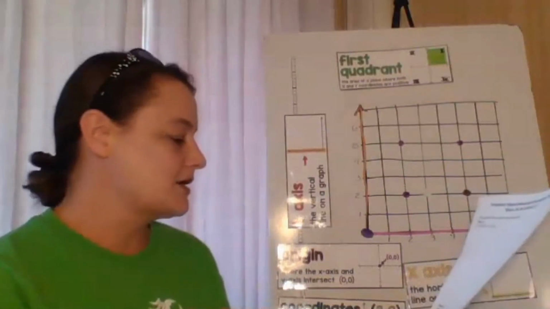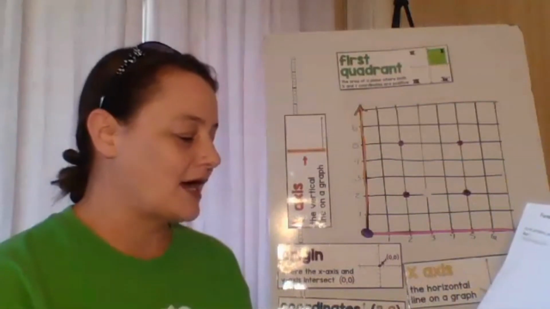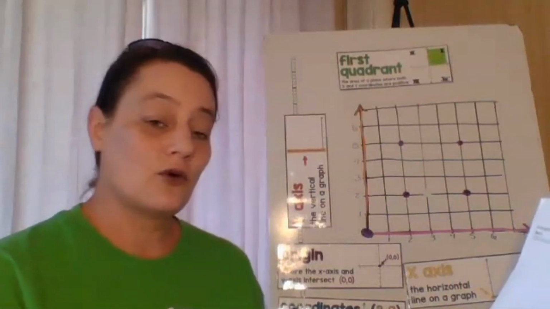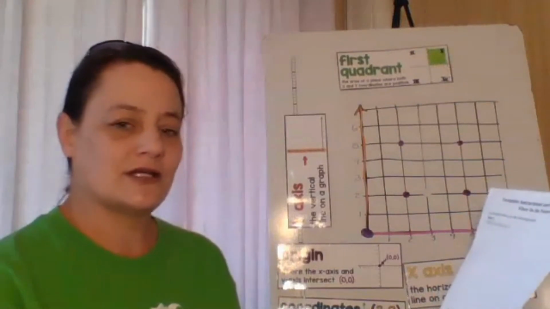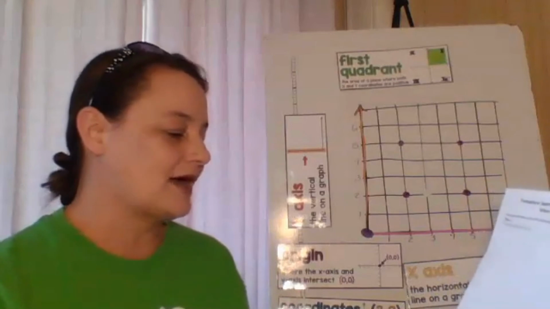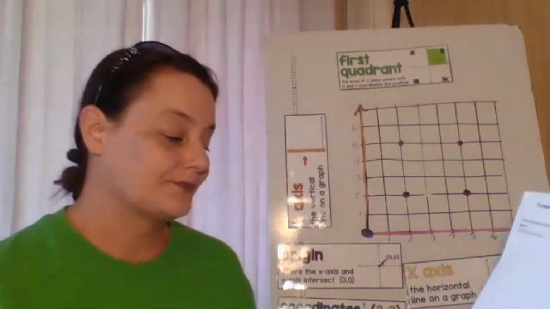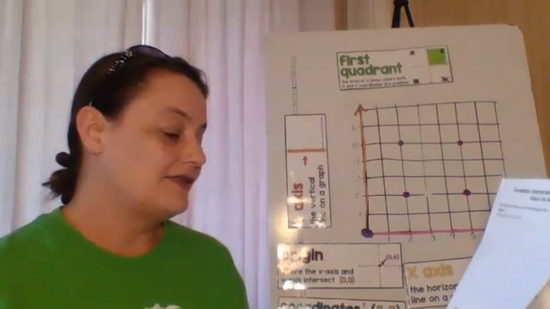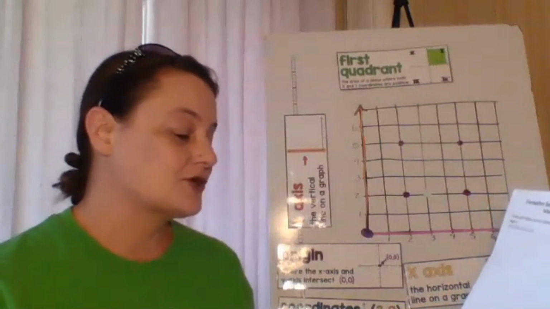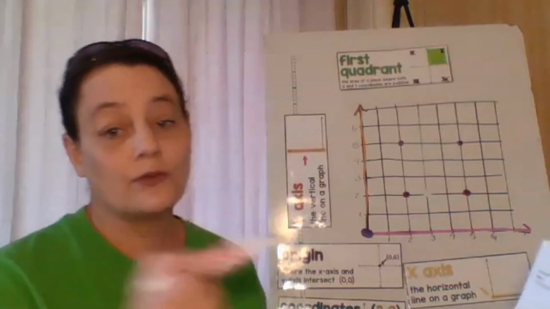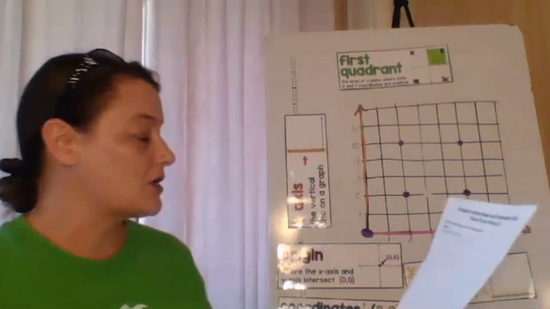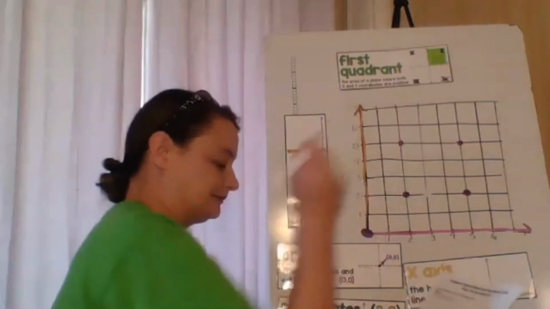Part 3 says, what shape do you have when you connect the dots in order that's listed. I'm sorry, I can't read this morning. What shape do you have when you connect the dots in order and then connect the last point to the first point? Okay, so we're going to find out what shape we have when we connect all these points. So we're going to start at 2, 5, which is right here.